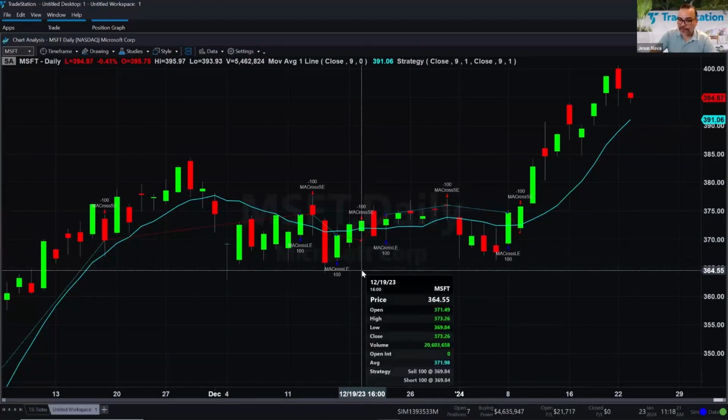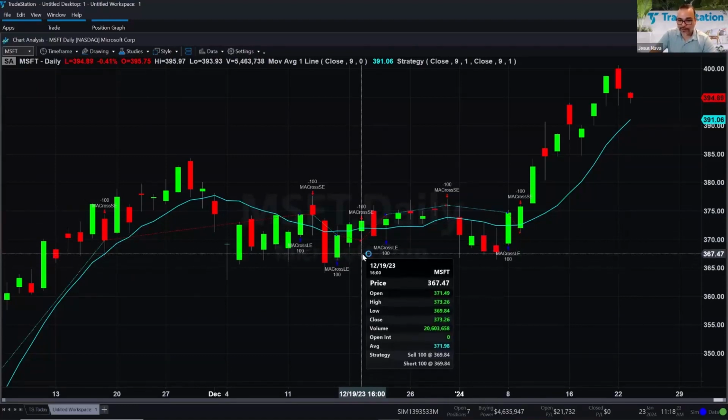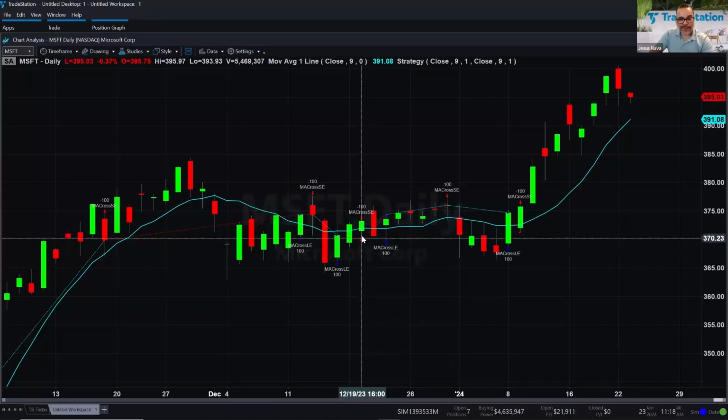If I click on the background and I hold it, notice how the short entry, which is right there at the bottom of this data tips window, happened at 369.84. Which one of the prices on the candlestick does it match? It matches the low of the bar. So you can see how the fill or the transaction was executed at the low of the bar.